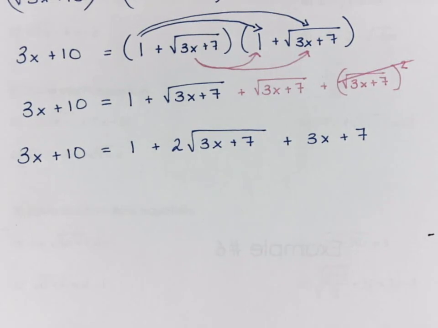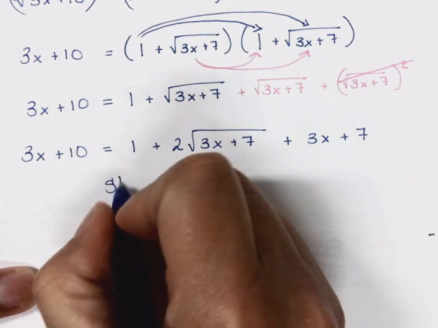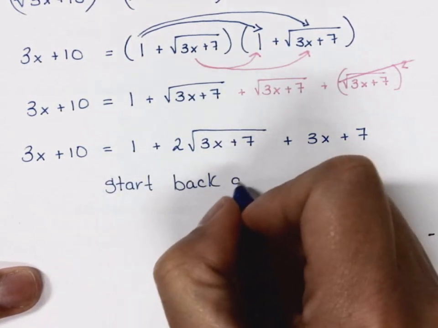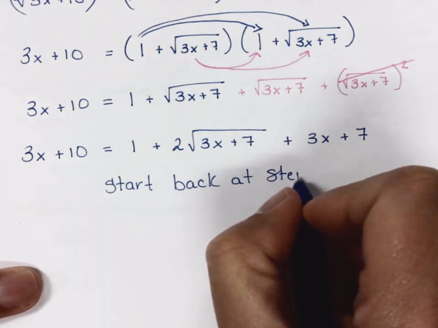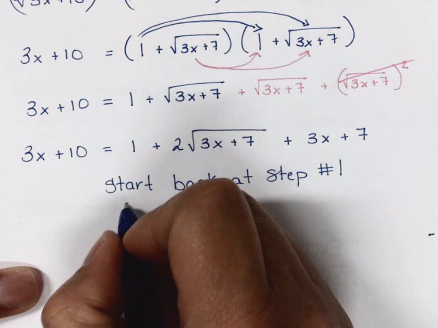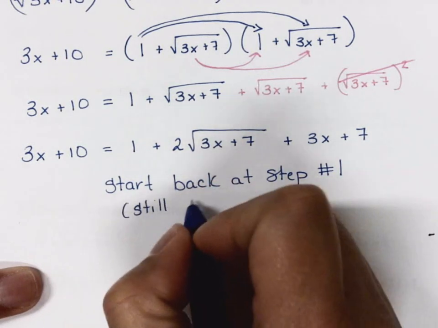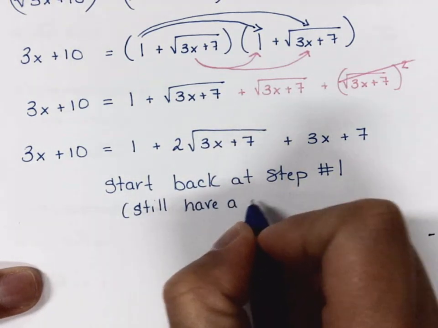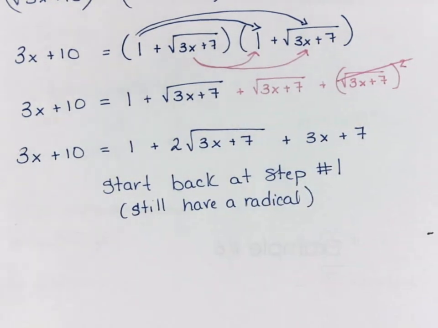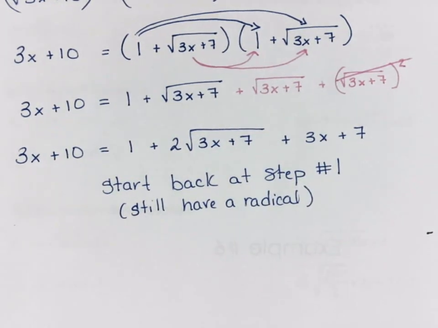I have to start the process over because I still have a radical in here. I have to start back at step 1, and step 1 was isolating the radical.